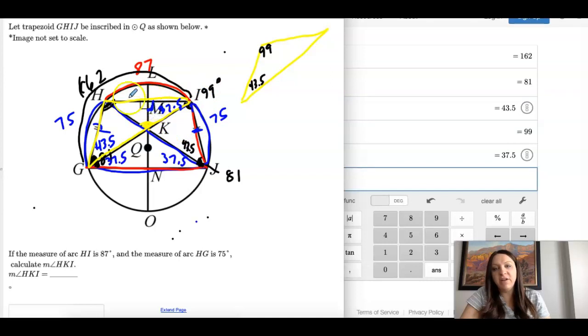Now I can figure out this triangle. So I have a right triangle there, right here, where I could figure out half of that angle. So I have a right triangle, that's 90, that's 37.5, and they have to add to 180.